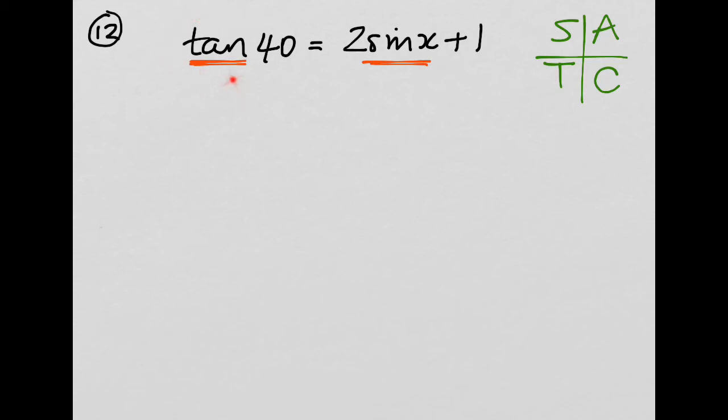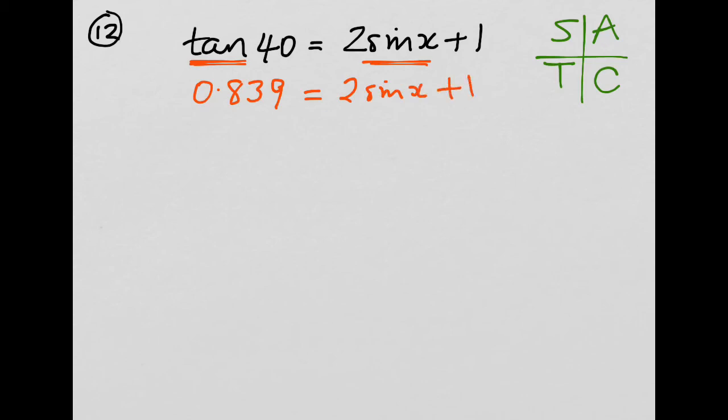What you need to remember is that tan 40 is just a number, and tan 40 you can find in your calculator, and it is 0.839. So I can just simply put that in instead of tan 40. I just got that from a calculator.